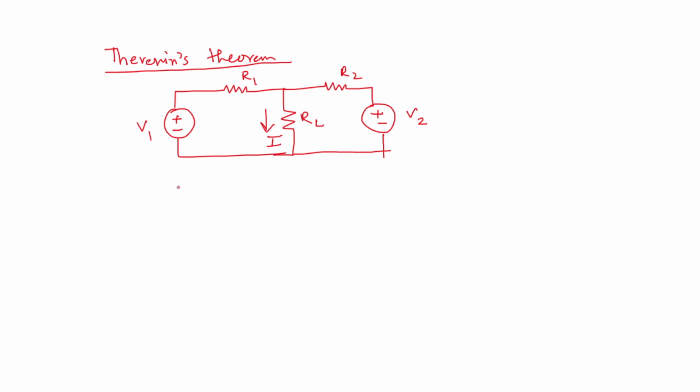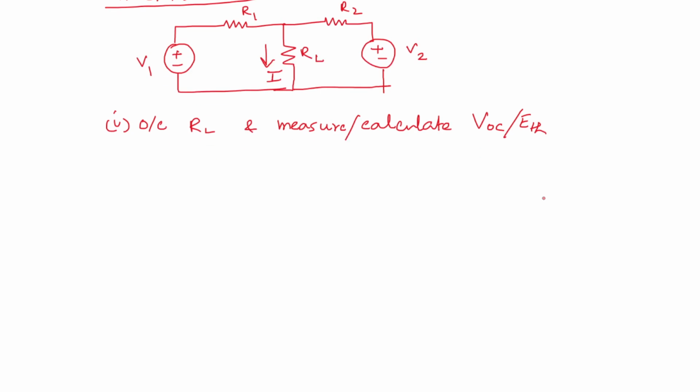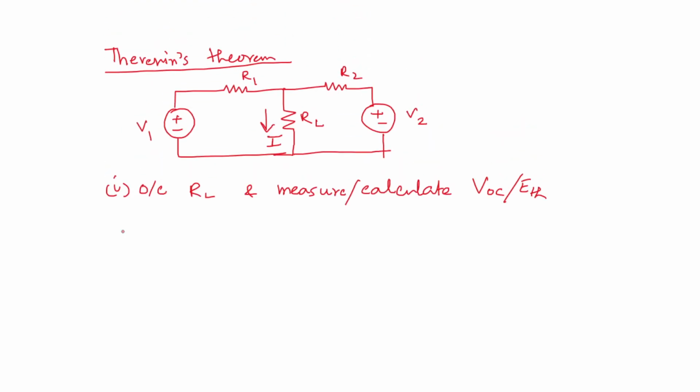According to Thevenin's theorem, what are the steps? You need to first open circuit RL and calculate VOC, or that voltage is called the Thevenin voltage. When you open circuit the load resistance, how will this network look?